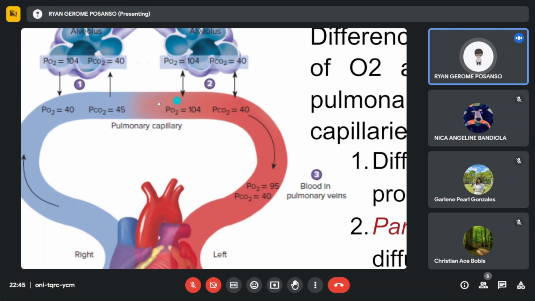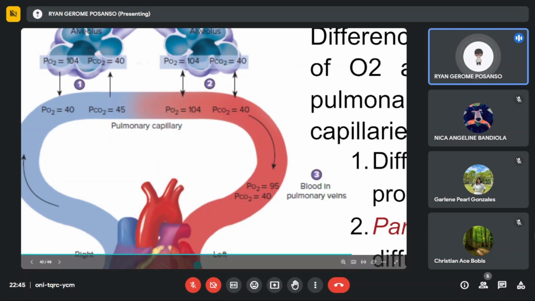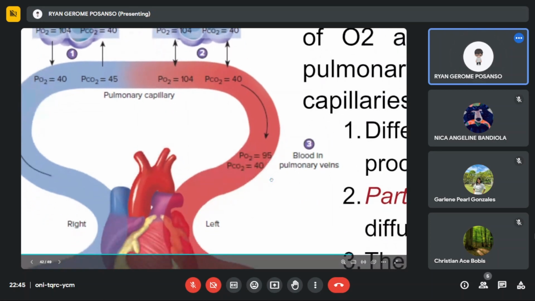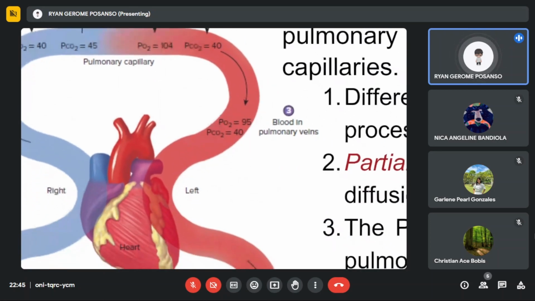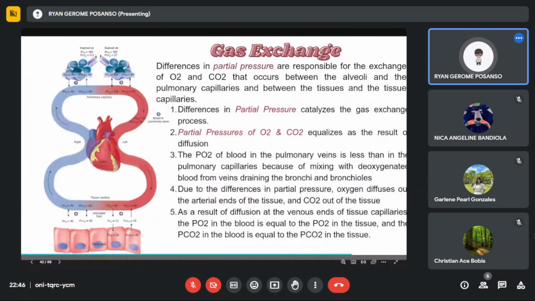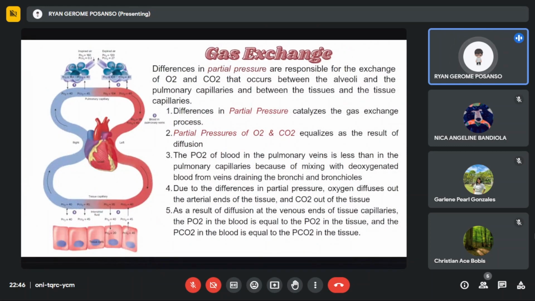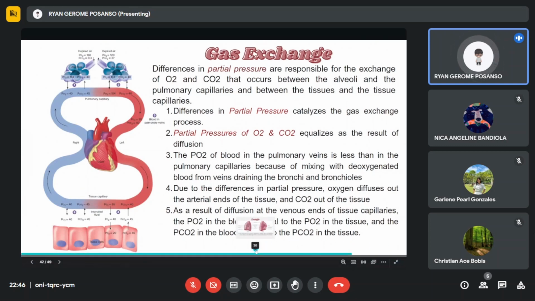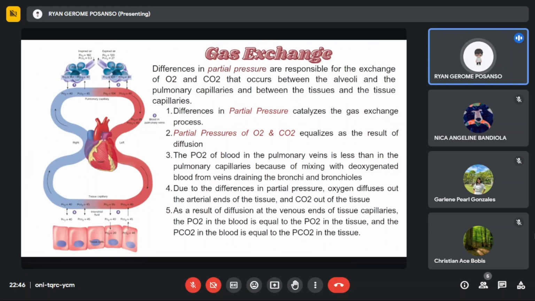In the next step, it is now equalized and it travels through the left side of the heart, and the partial pressure of oxygen of blood in the pulmonary veins is less than in the pulmonary capillaries because of mixing with the oxygenated blood from veins draining the bronchi and bronchioles. Then, due to the differences in partial pressure, oxygen diffuses out of the arterial ends of the tissue capillaries and carbon dioxide diffuses out of the tissue, as we can see here again.